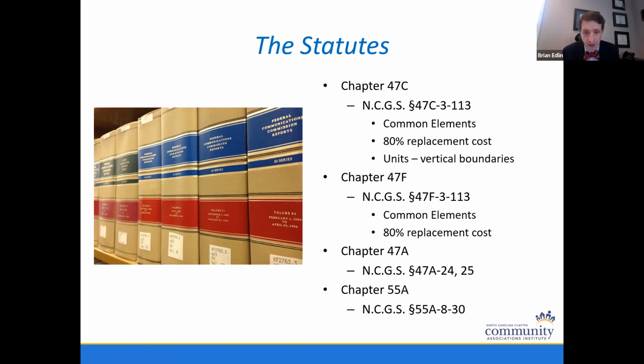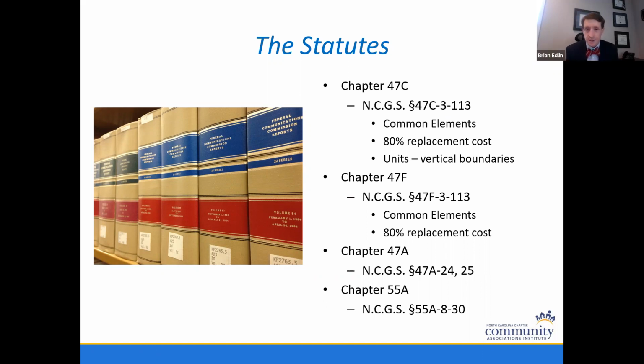So let's start with the statutes. First, the three statutes that are most applicable here are Chapter 47C, the Condominium Act, as many of you know. Then there's Chapter 47F, which is the Planned Community Act, and then Chapter 47A. Chapter 47A is the Unit Ownership Act, and it's applicable to pre-1986 communities.